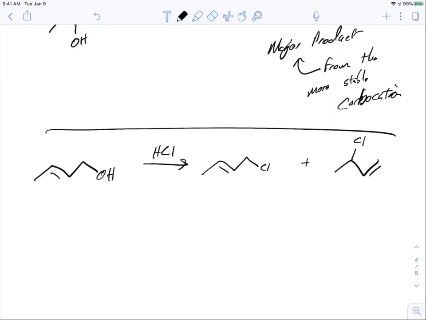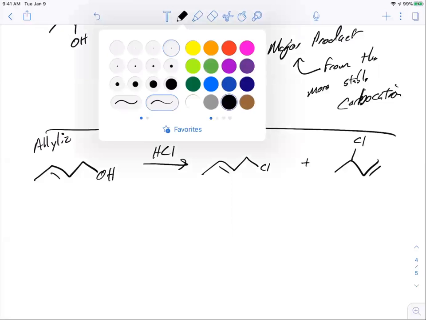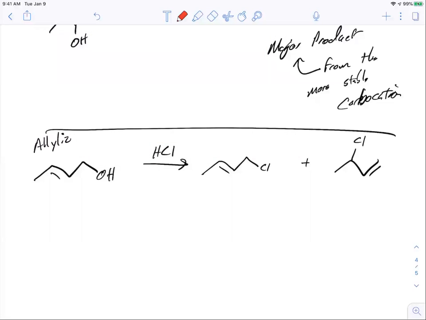So if we look at this reaction, we have an alcohol. It's going to be allylic. That's the word I'm looking for. Allylic means that it's one away from a double bond. So if we look at the reaction here, the lone pair can come in, attack the hydrogen, chlorine leaves.